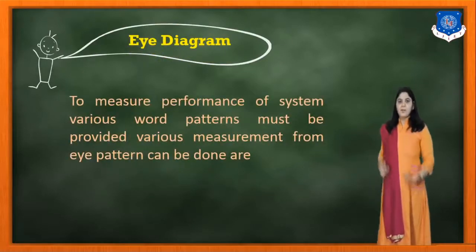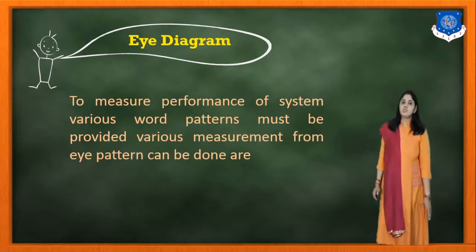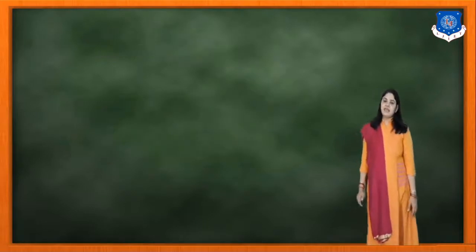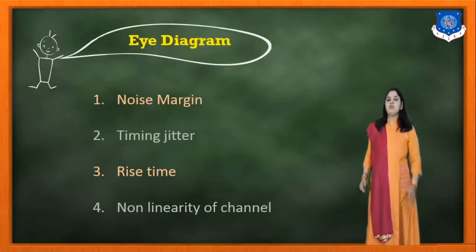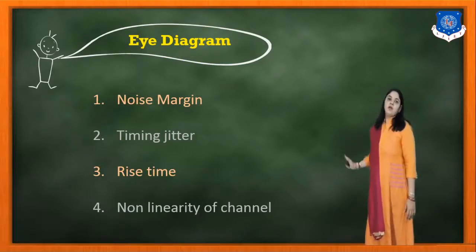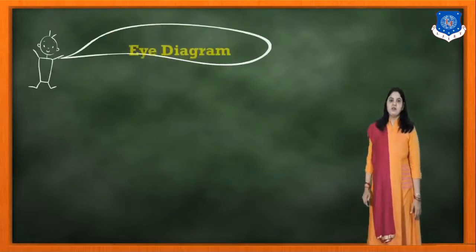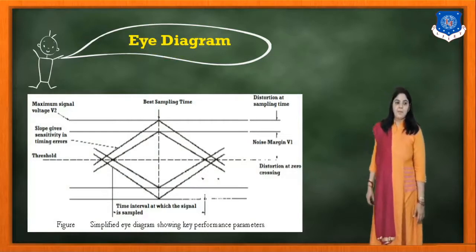To measure the performance of the system, various word patterns must be provided, and various measurements can be made from the eye pattern. These are the noise margin, timing jitter, rise time, and the non-linearity of the channel. Now here you can see the eye diagram pattern.